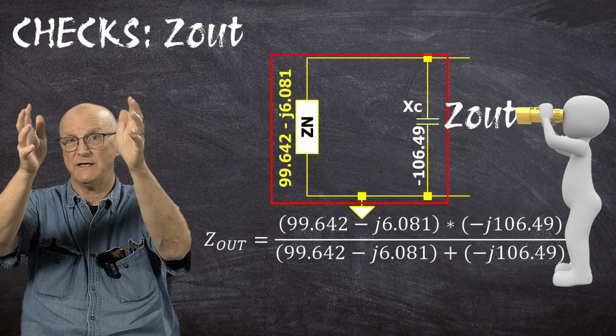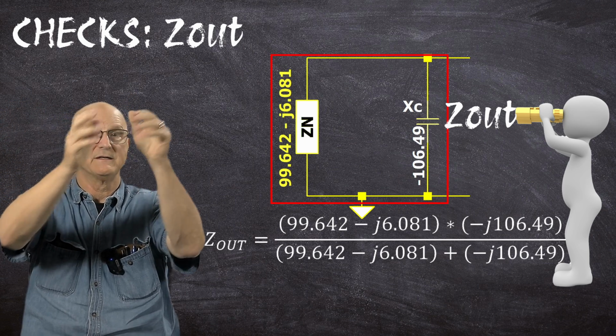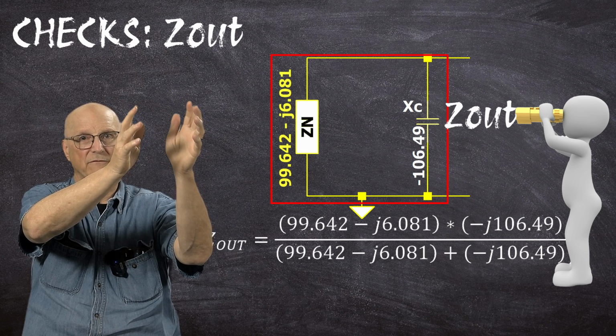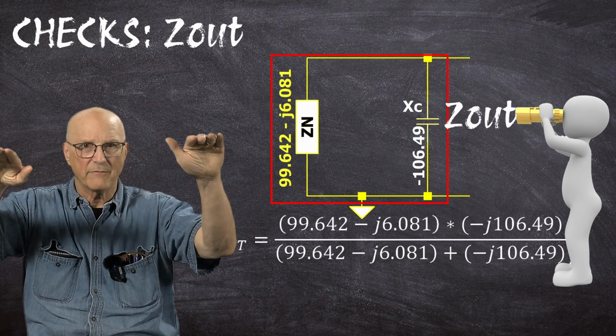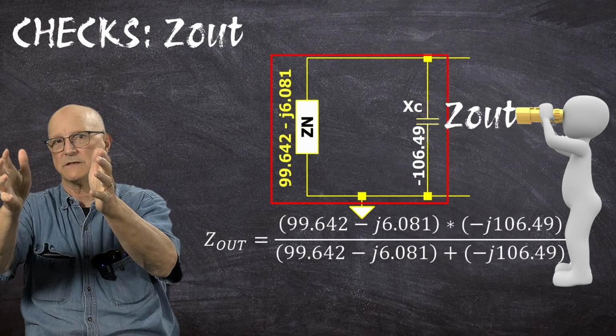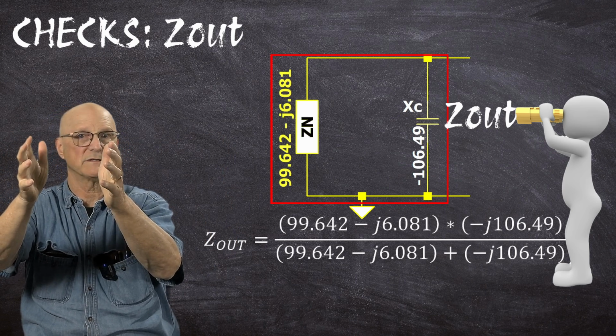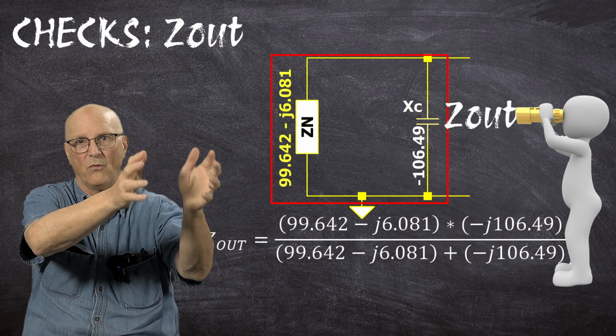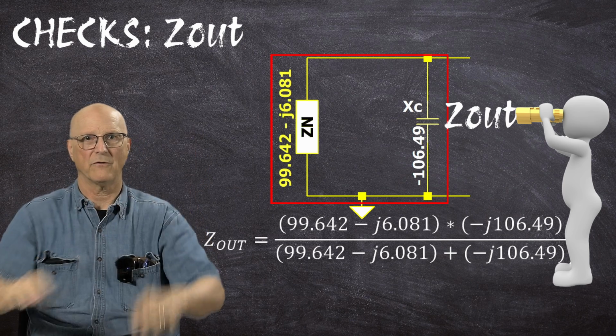99.642 minus j6.081 times a negative j106.49, all divided by 99.642 minus j6.081 plus a negative j106.49.